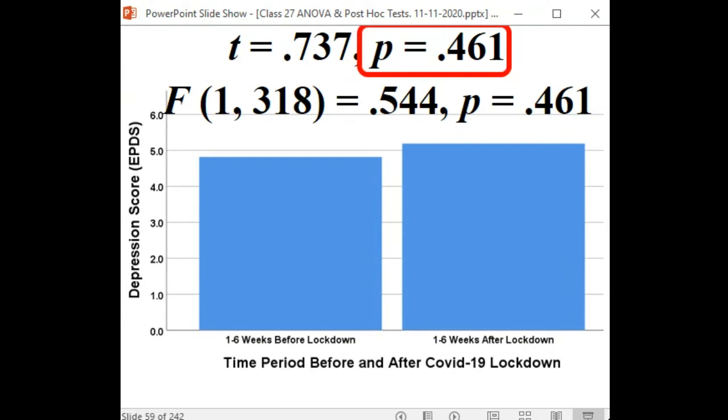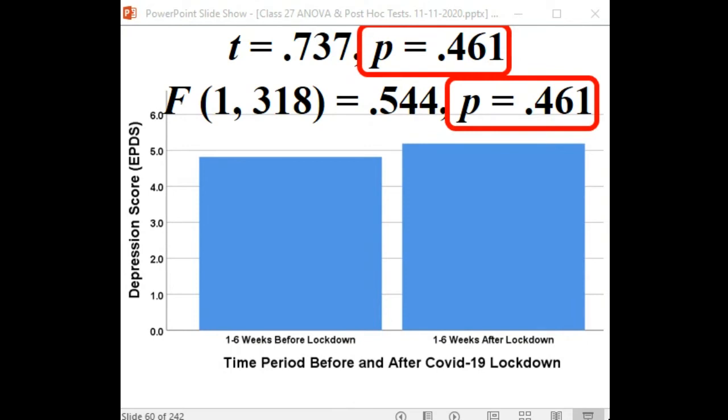The probability value P when we do a t-test is 0.461, and that's exactly the same probability value that we get when we use F. So the results of the t-test and the results of the ANOVA are in total agreement. They both tell us that P equals 0.461, and we should accept the null hypothesis.